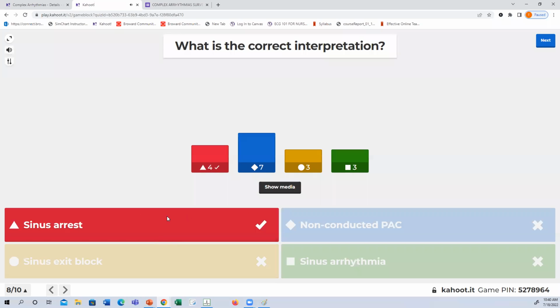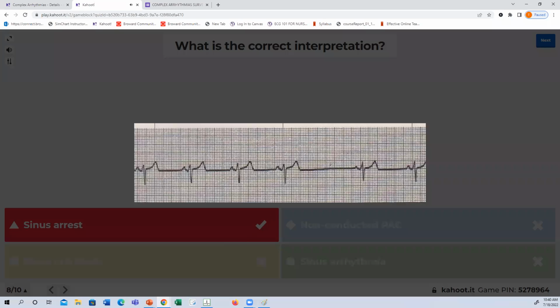Okay, the correct answer is that there is a sinus arrest. So why sinus arrest? Let's take a look why it is sinus arrest. My caliper is not coming. Okay, so the problem is that we have a pause right over here. Let me just annotate, draw. Okay, so we have a pause right over here, and there's a clear reset after the pause.